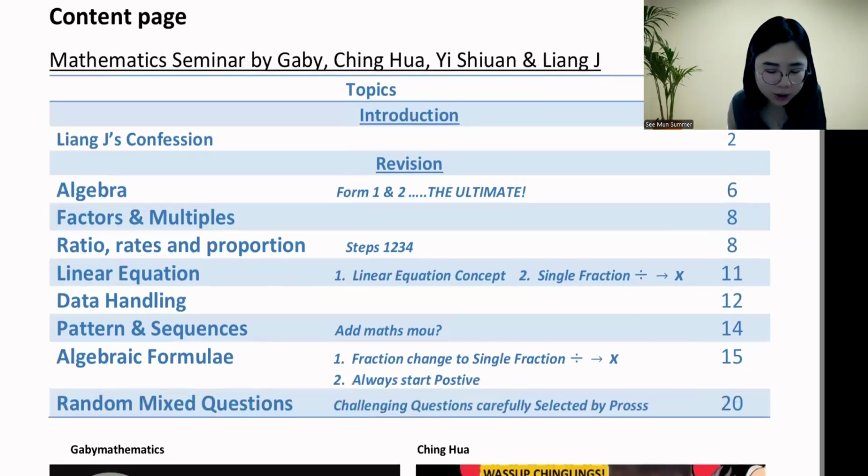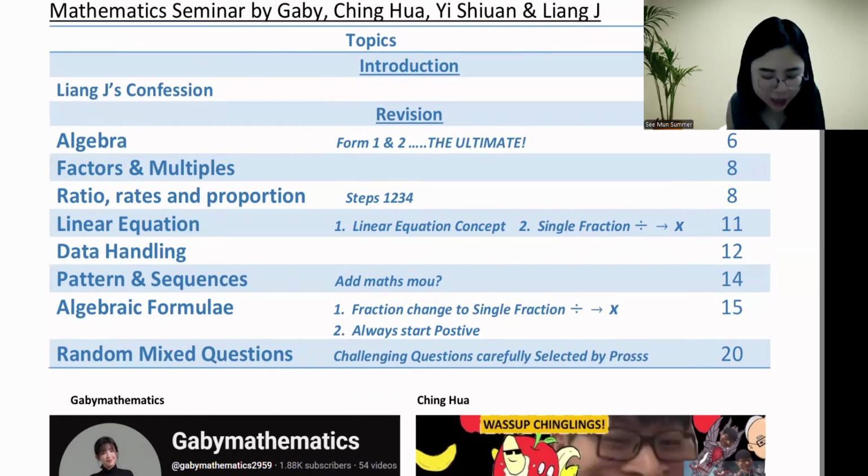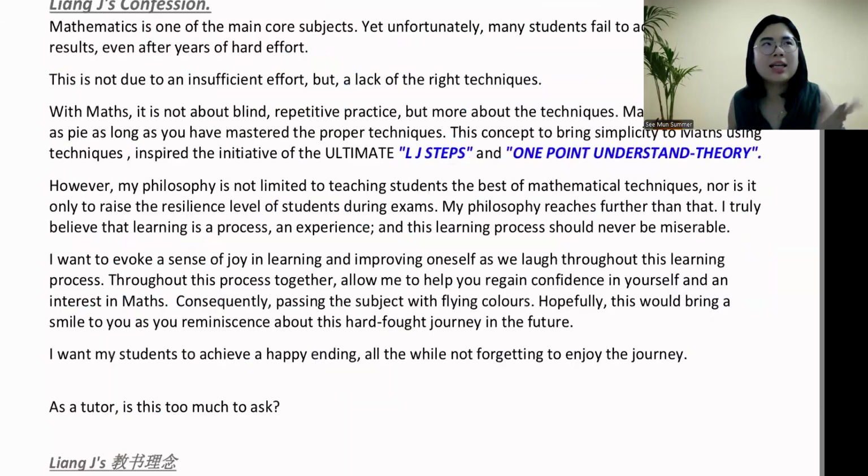So today our target is to do as many exercises as possible and cover as many topics as possible. Of course, we will surely cover what we have learned in your Form 2 syllabus, like the algebras and also the factorization. But we also try to attempt questions that are quite challenging, so you will get to feel how your exam would be.